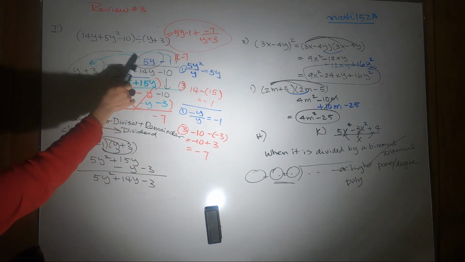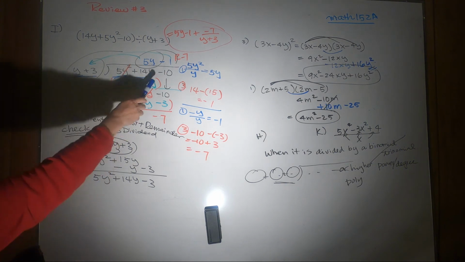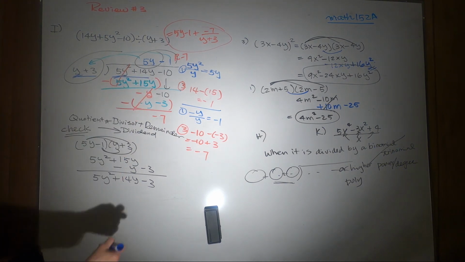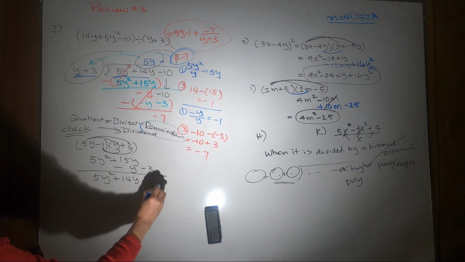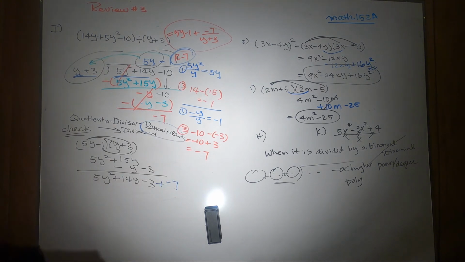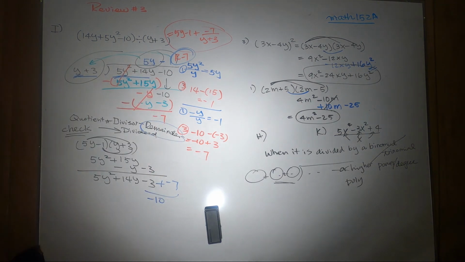Did we get back? Not quite. 5y squared plus 14y minus 10. What happened? Because we have the remainder. We have to add the remainder, plus -7. So did we get back? Yes. That would be minus 10. Right?